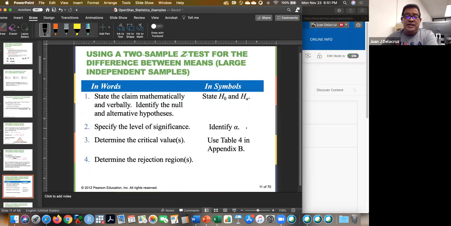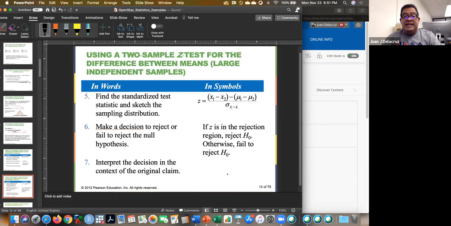So in this case, we are going to transform this alpha. Sorry, this is alpha. This alpha is going to be transformed into a z-score, and then we are going to find the critical values. Sorry, we are going to identify alpha, identify the critical values, and then find the test statistic.